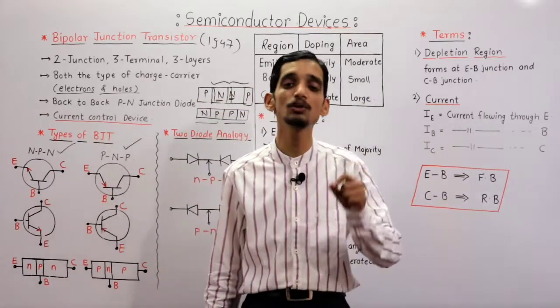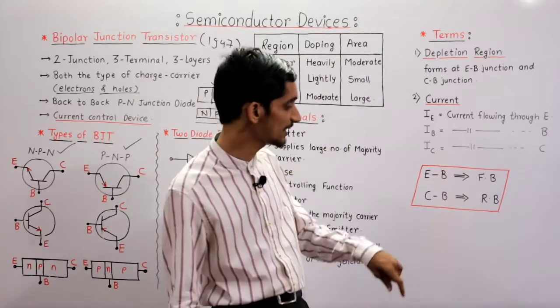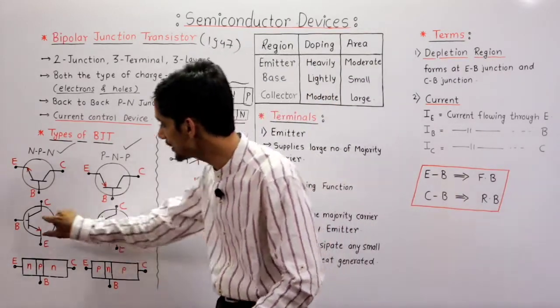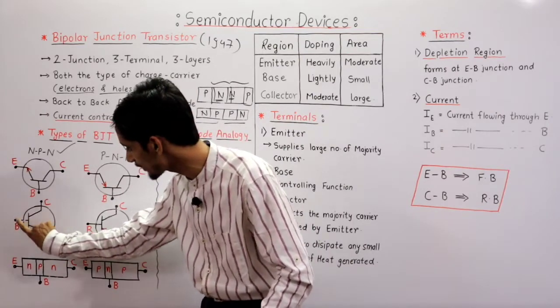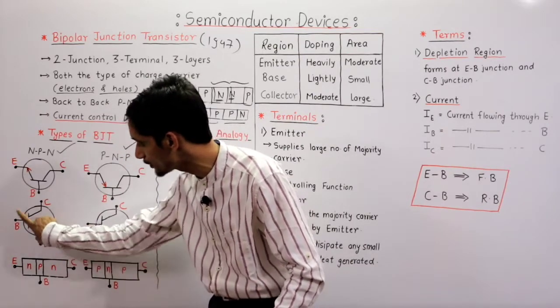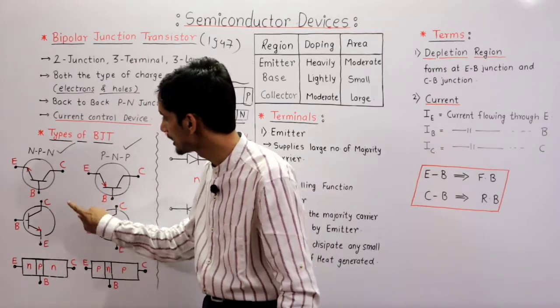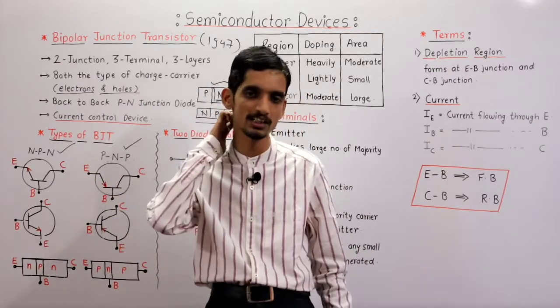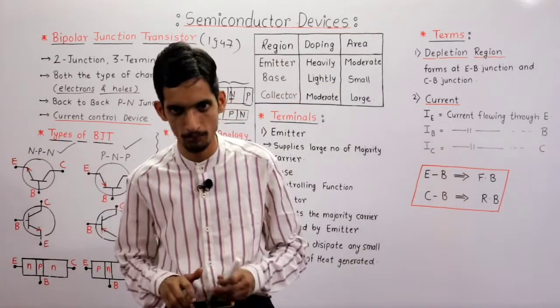It means the emitter to base junction is forward biased, meaning the emitter is more positive than the base, and the collector is more positive than the base. That's why the collector to base junction is reverse biased and the emitter to base junction is forward biased.